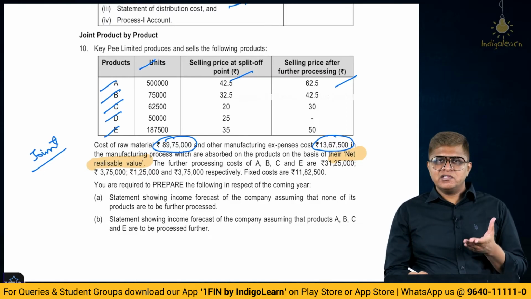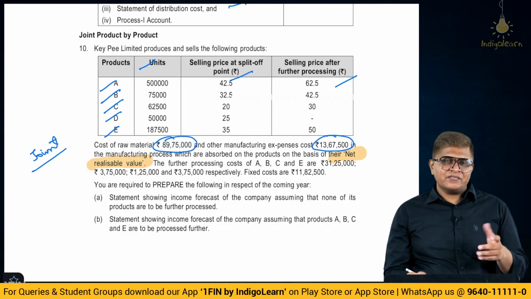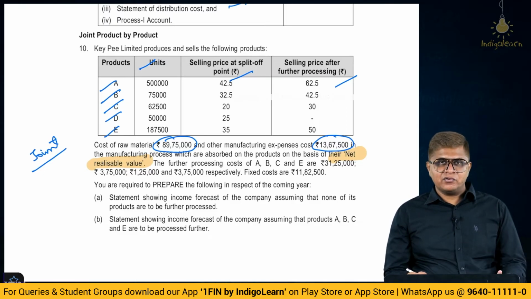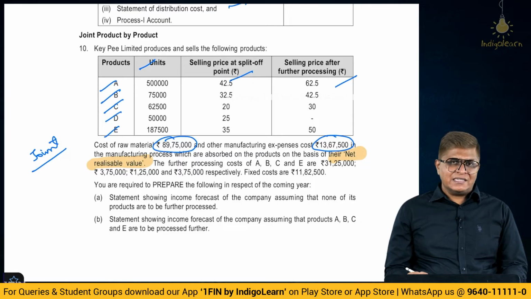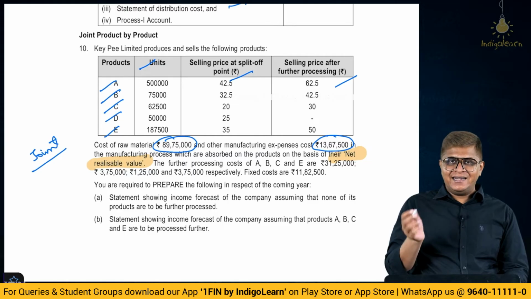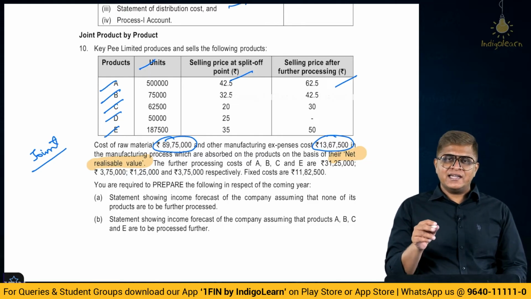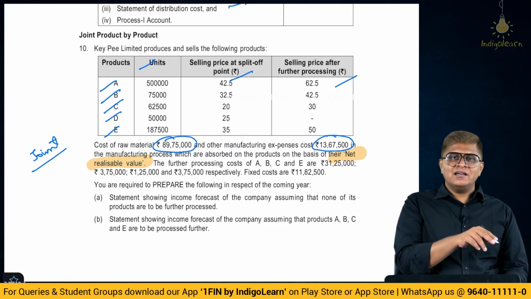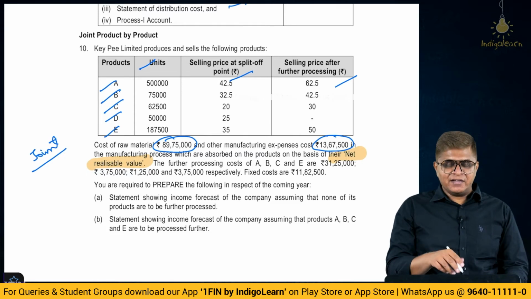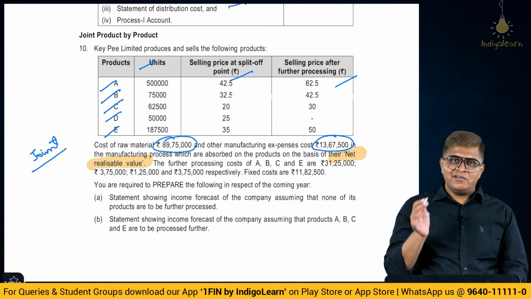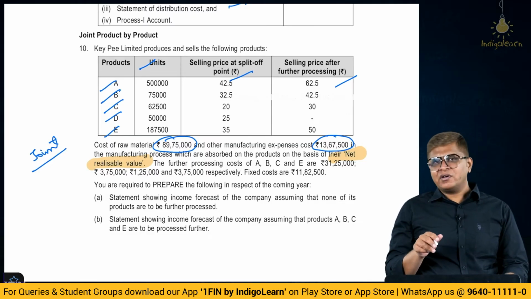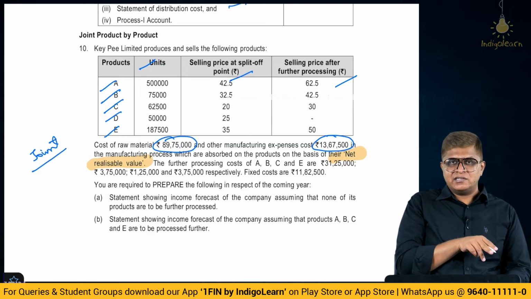Net realizable value is the value that we will get after deducting any incremental cost that we have to incur. So, generally the questions mention the realizable value at the split off point, or they say realizable value after further processing, but here they have not mentioned anything. They have not said whether we should consider the realizable value at the split off point or after further processing.